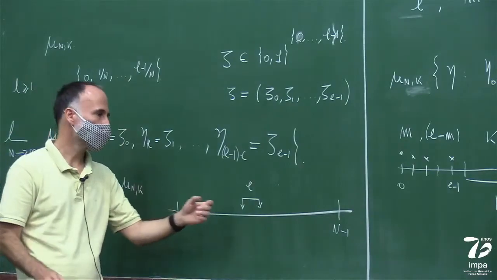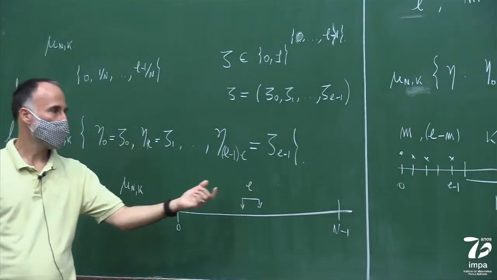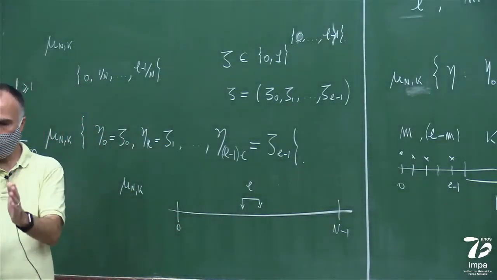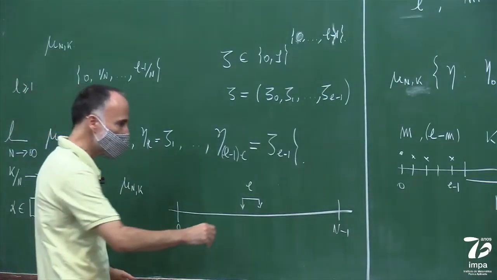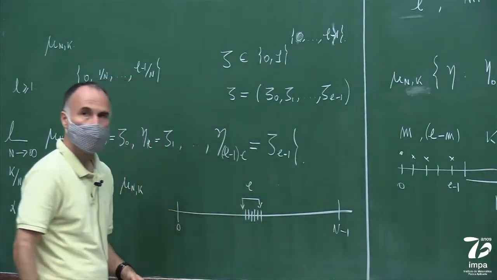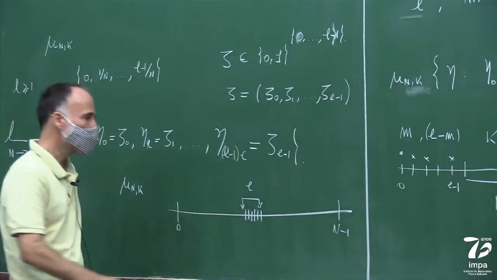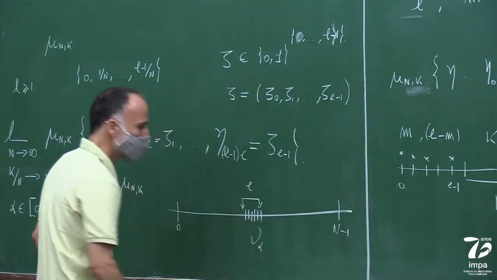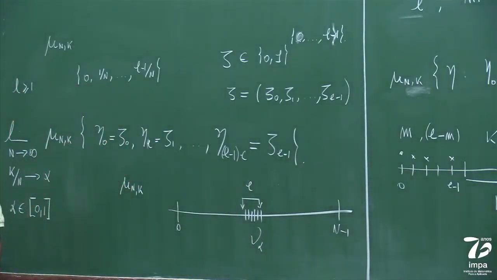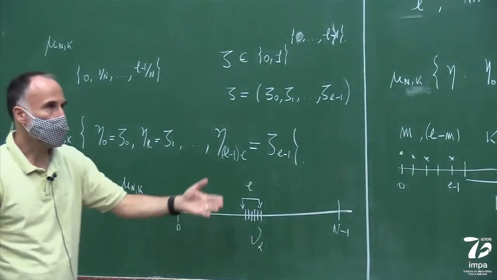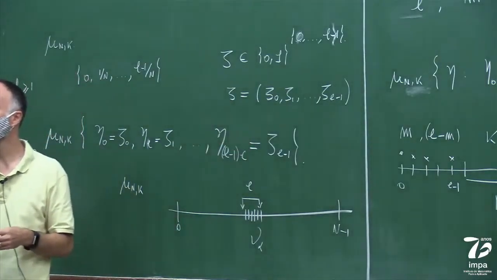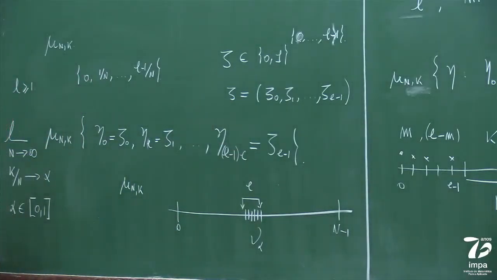But okay, I don't care. Take L large but finite. So you look at that window, and what is the distribution of particles you observe? Well, it's exactly nu alpha. This is what we proved. If n is very, very large, the distribution of particles in this fixed window converges to nu alpha. Questions about that?